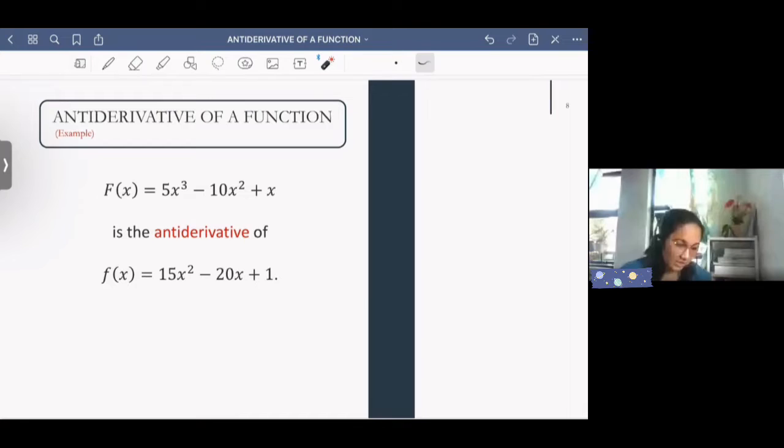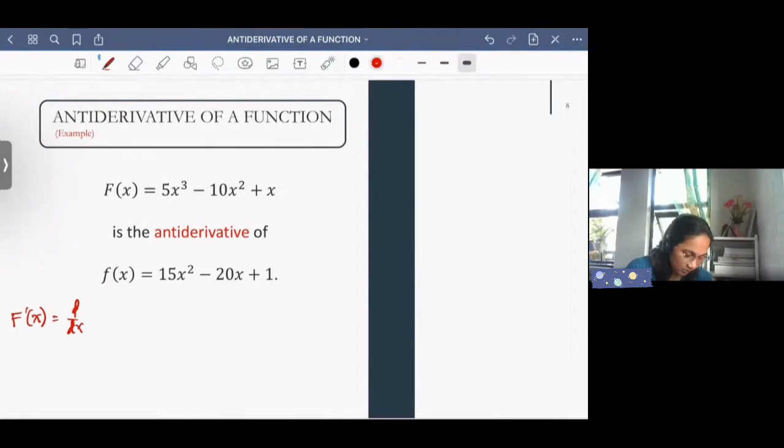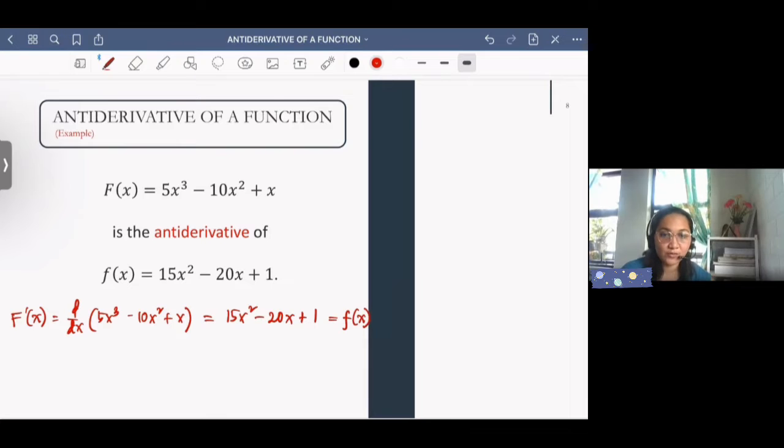Because, as you can see, if we find the derivative of the uppercase f of x, which is equal to the derivative of 5x cubed minus 10x squared plus x, this will yield 15x squared minus 20x plus 1, which is equal to our small case f of x, right? So the derivative of the uppercase f with respect to x is equal to small f of x.